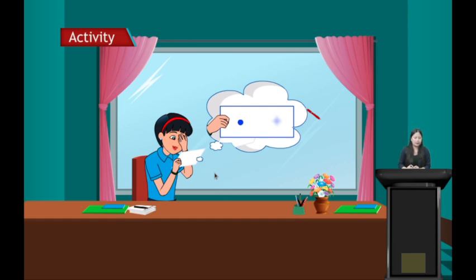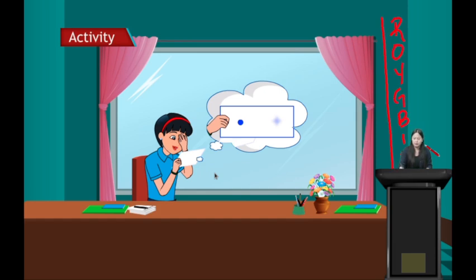Yes students, the first term that we discussed is spectrum. The band of the color components of a light is known as spectrum. We have seen that one white light splits into 7 colors: violet, indigo, blue, green, yellow, orange, and red.